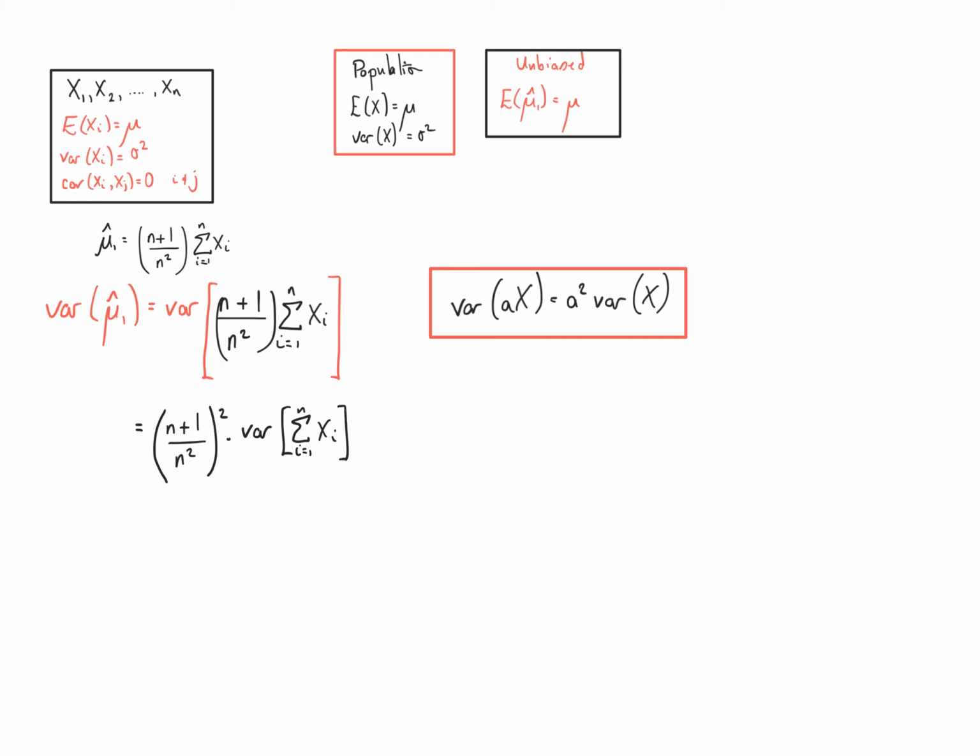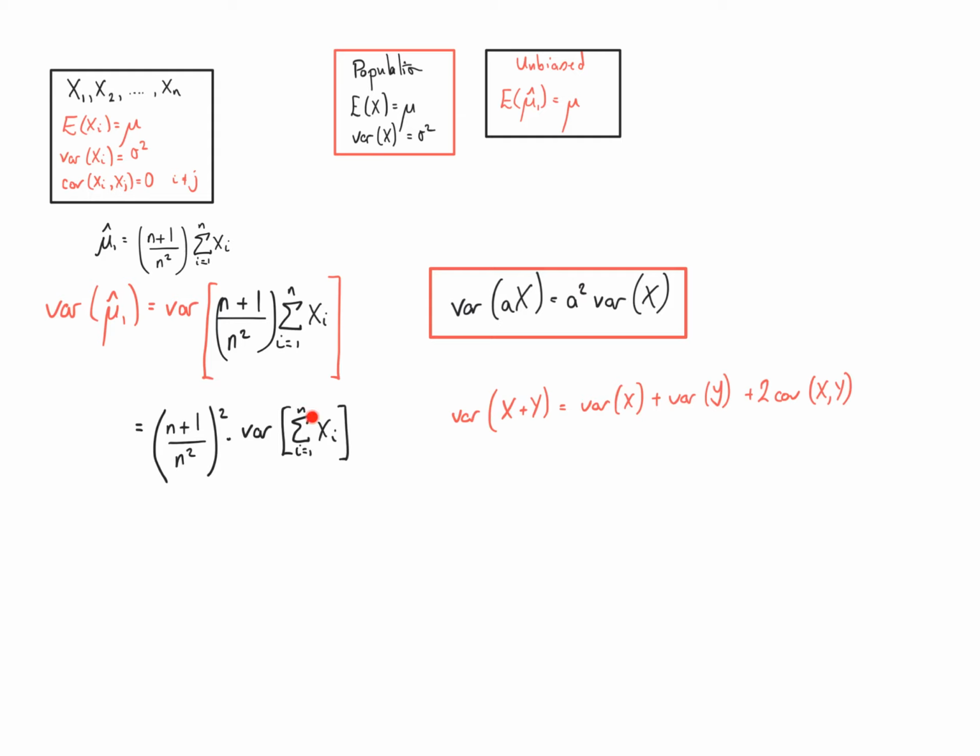We also know that the variance of a sum of random variables, so for instance the variance of x plus y, is equal to the variance of x plus the variance of y plus 2 lots of the covariance between x and y.